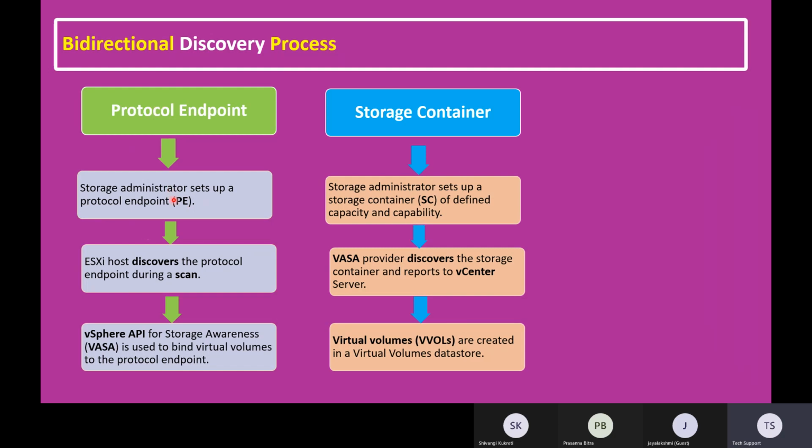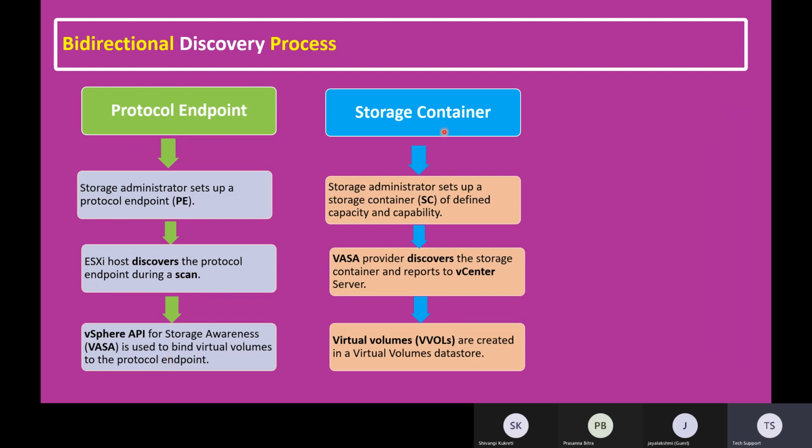At the protocol endpoint level, storage administrators set up a protocol endpoint, and the ESXi host discovers the protocol endpoint during the scan. Today we observed how to do the rescan; during the rescan itself, it will identify the protocol endpoint. And the vSphere API for storage awareness, VASA, is used to bind virtual volumes to the protocol endpoint.